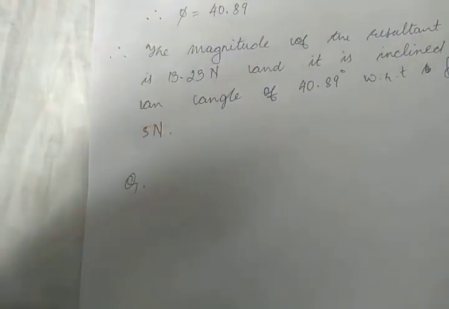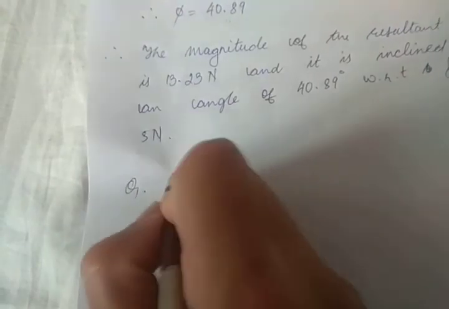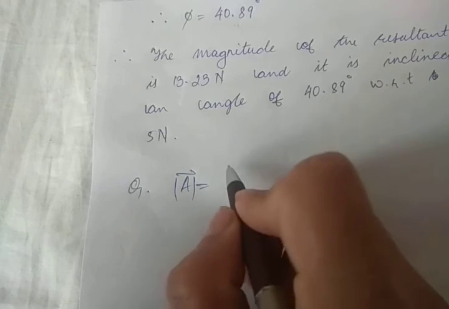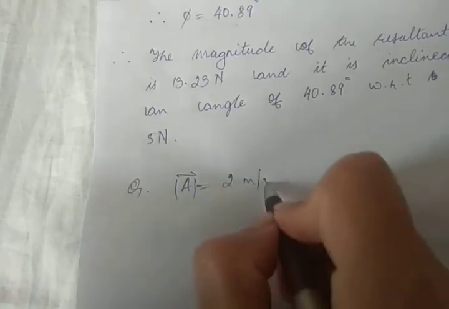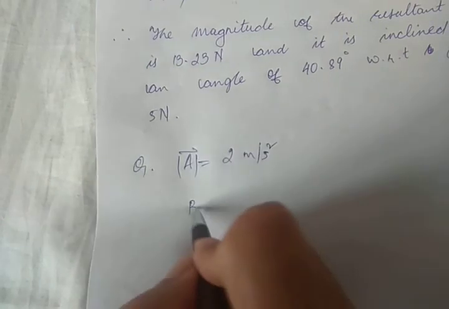Now I forgot to give you a homework over here, so let me give you one. I have a vector A having magnitude 2 newtons or 2 meters per second squared. If the unit is meter per second squared, you have to tell me what vector we are talking about here.